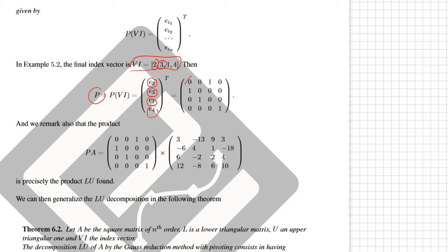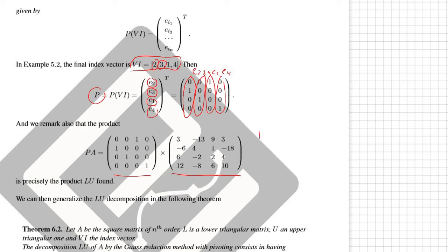So here we have e2, e3, e1, and e4. And so if we multiply this matrix times A, we obtain the modified version we had before.